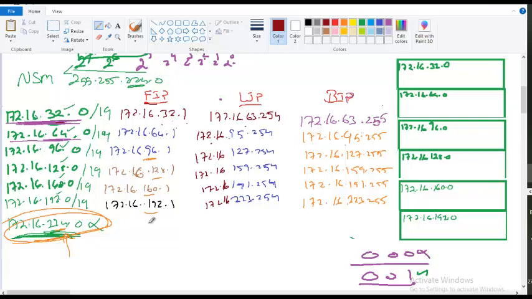So based on host, based on how many IP addresses we need, the subnetting method will be different. This is simply based on how many departments you got, 6, then how many networks you need, 6. Based on this info, this is how we do the subnetting. Please copy this and ask me questions.